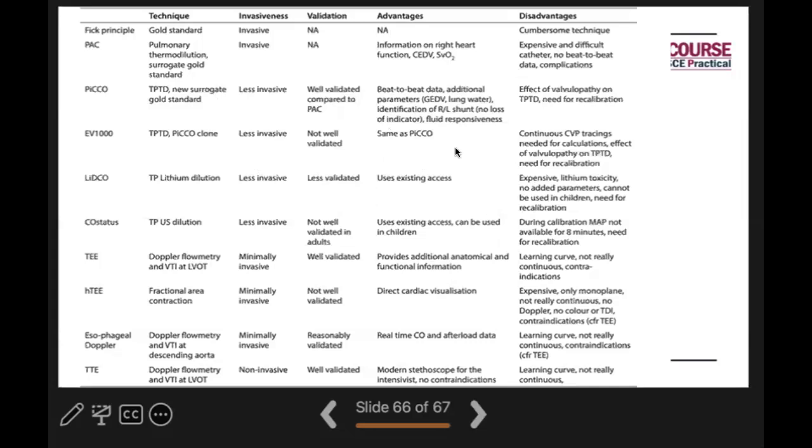The only disadvantage may be the device related or catheter related complications, or if the patient is having a valvular issue, and the need for recalibration could be some of the cumbersome issues. Okay. Then we saw another minimally invasive device, the transesophageal echo, where again it is easy to do, but you need a trained professional to do that. And secondly, most of the assumptions could be limitations in such cases.